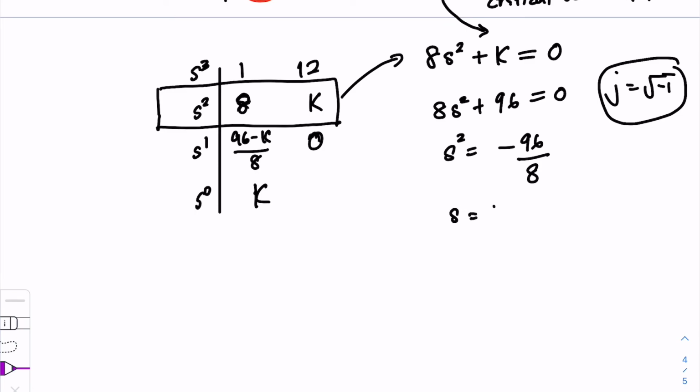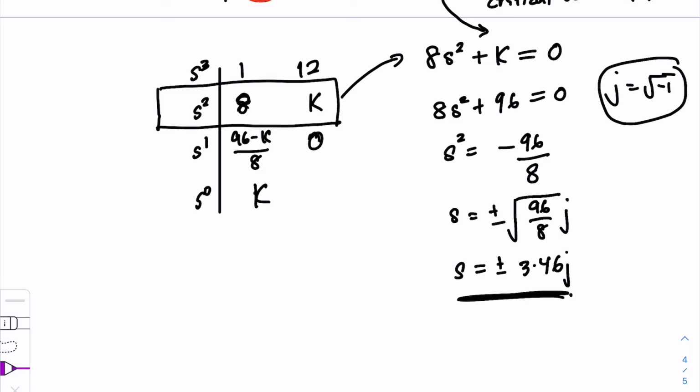Then I will just take the square root of the positive part, 96 over 8, which is 12. The square root of 12 is going to give me a value of 3 point something. Let me calculate that. So that is giving us plus minus 3.46J.